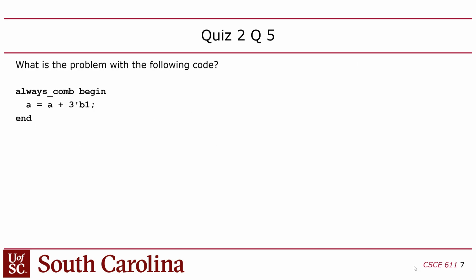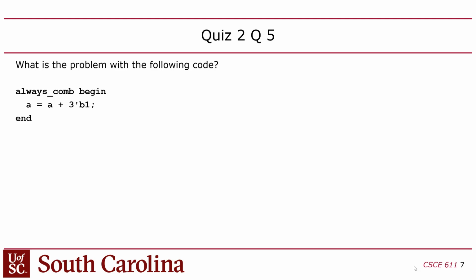Okay, what's the problem with the following code? Well, this is supposed to be combinational logic, but it has a combinational cycle, meaning that A is being updated, but then the new A is a function of the old A, but there's no clock. It's not clocked. So you end up basically with an oscillator.